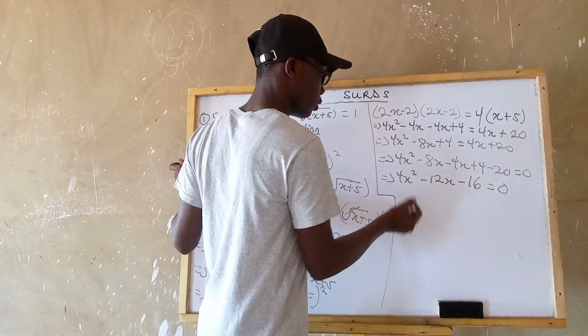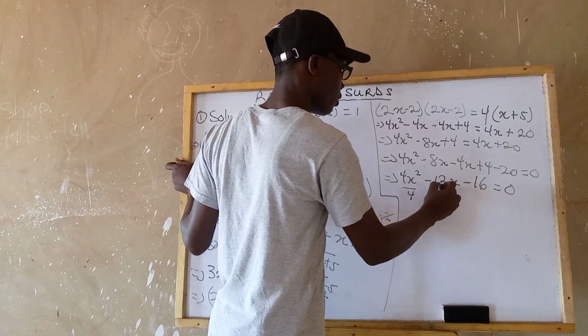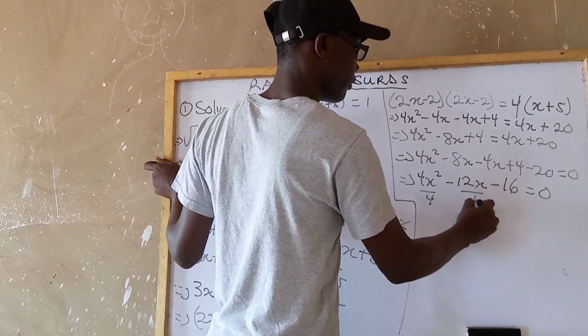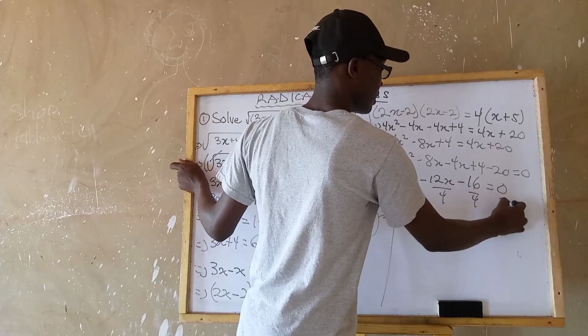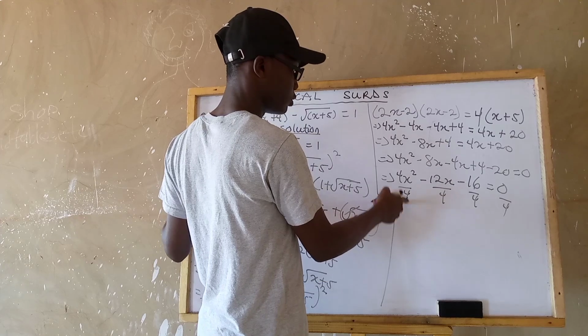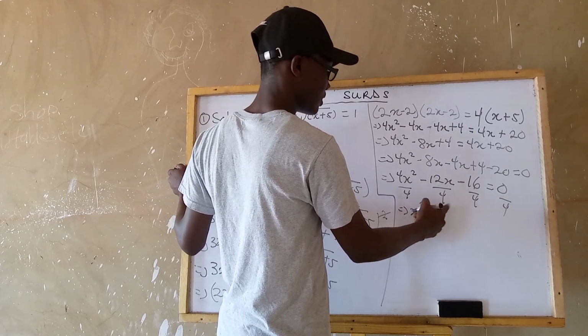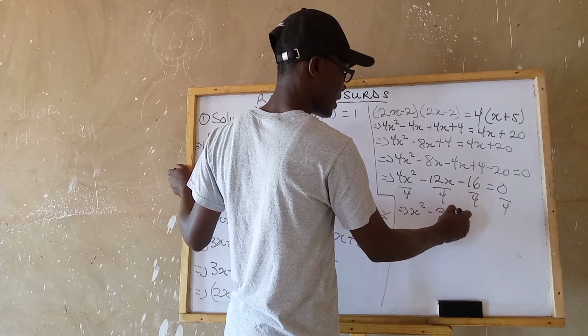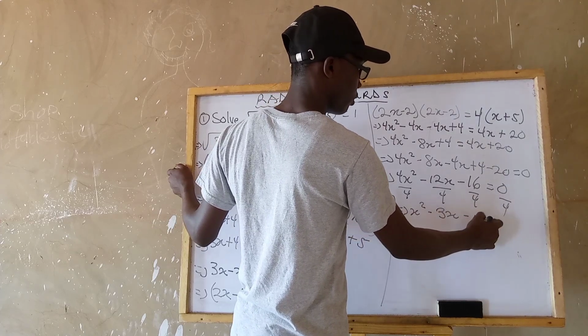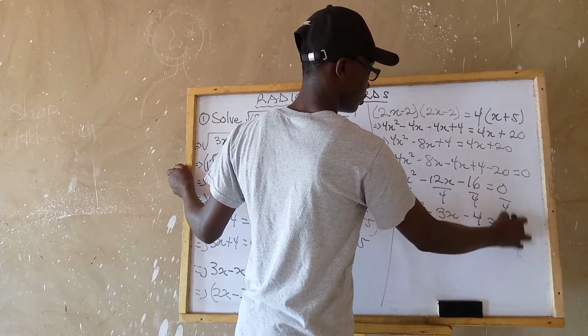So it's 4. So 4 goes into 4 one time, so you have x squared minus 3x minus 4 is equal to 0.